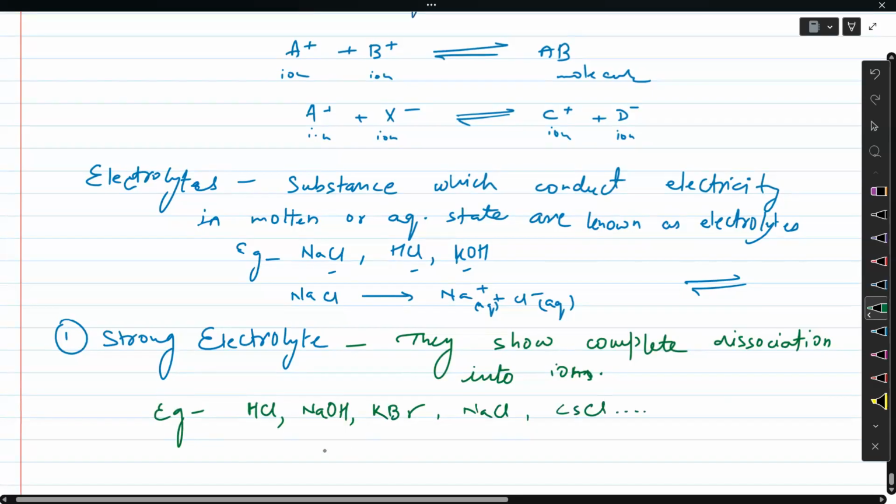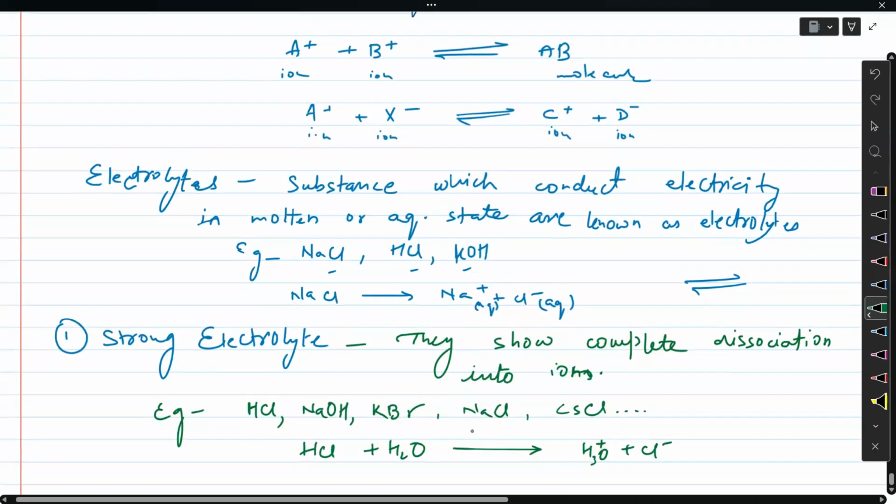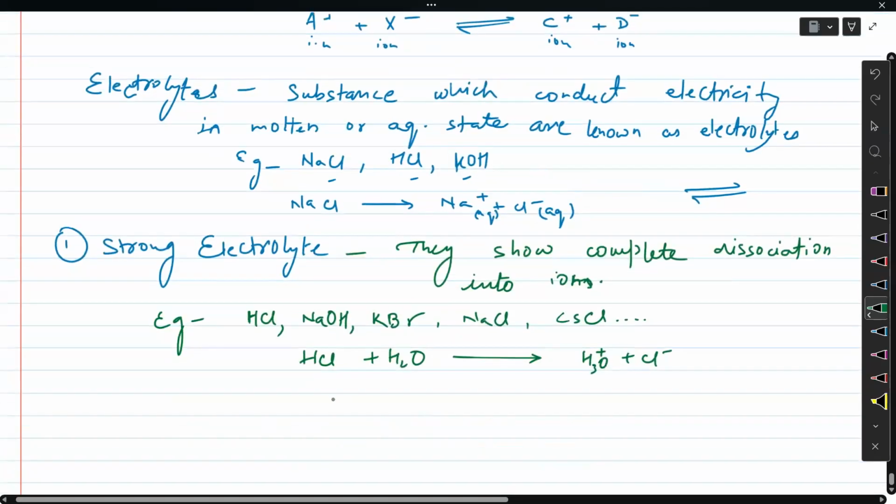What happens when you mix them into water? For example, we have HCl and we mix it with water. It will completely dissociate into H plus and Cl minus ions. This H plus will react with H2O and form H3O plus, which is called the hydronium ion. That is not important here.